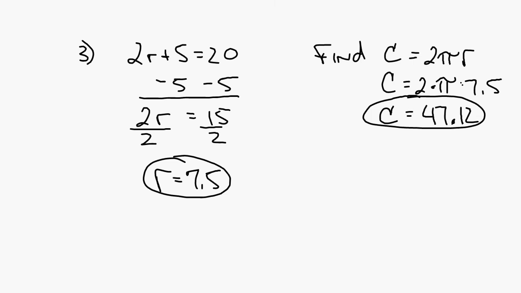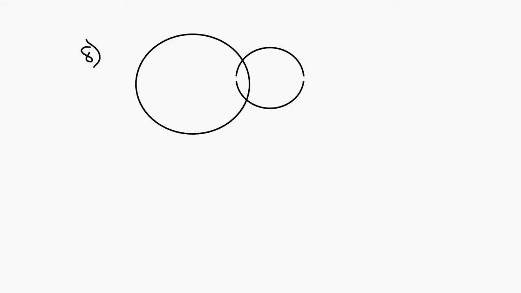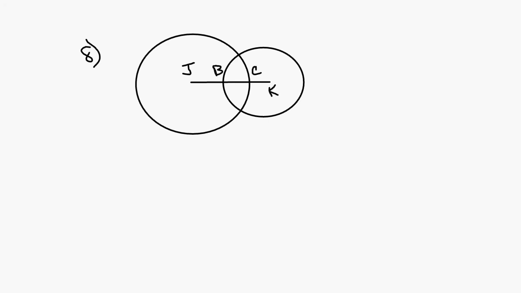Number 8. Circle J. Okay, you got 2 circles here. Again, this is that segment addition postulate problem. You've got J, B, C, K. Circle J has a radius of 12.